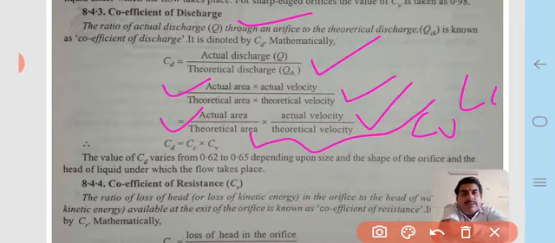Therefore the coefficient of discharge is equal to the multiplication of the contraction coefficient and the velocity coefficient. The value of the discharge coefficient is taken between 0.62 to 0.65, depending upon the size and shape of the orifice and the head of the liquid under which the flow takes place.